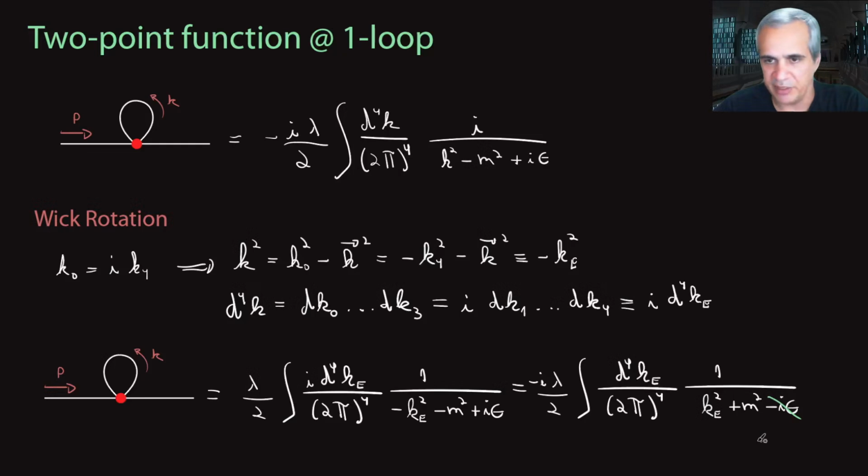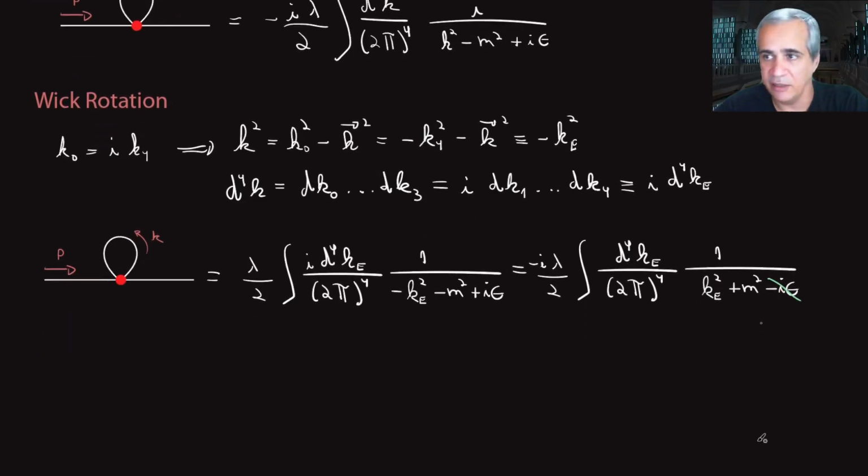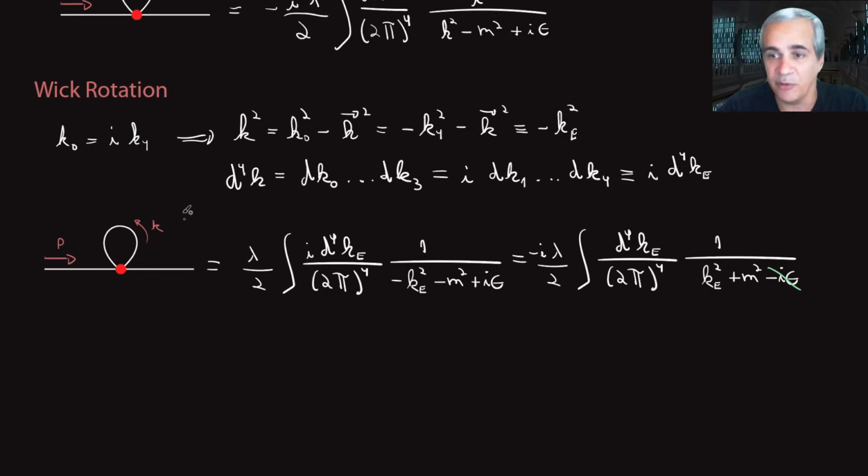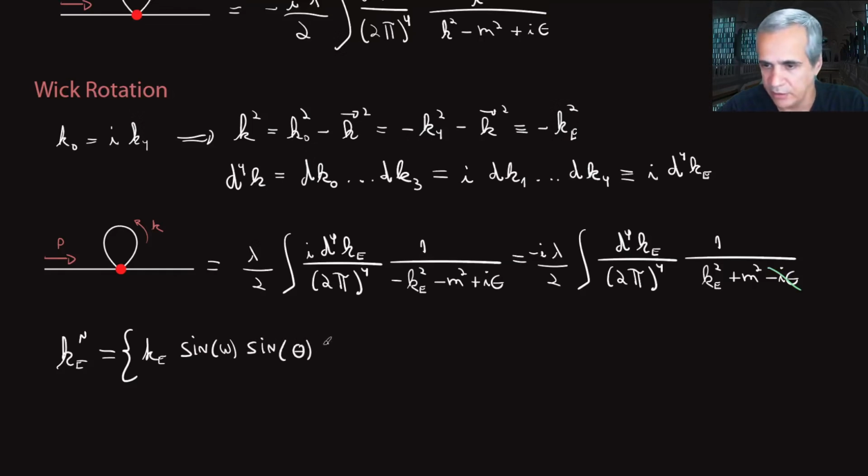The big advantage of doing that is that in Euclidean space, I can define spherical coordinates. I can write k Euclidean mu, where mu goes from 1 to 4 in this space, like a 4-vector that looks like this: k sine of omega, sine of theta, cosine of phi. This is the first component.